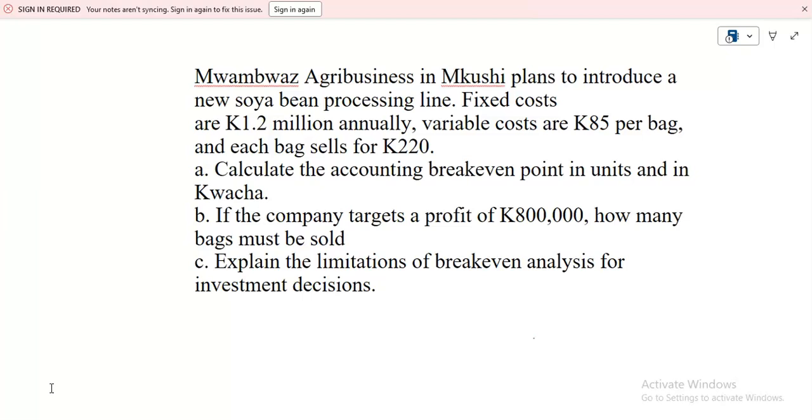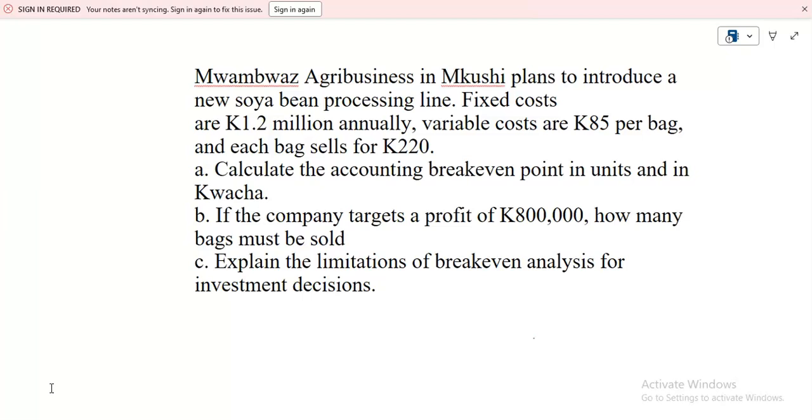Alright, we have a question on the screen relating to break-even analysis and profit targeting. We are going to deal with that, and we'll have some explanations as we go in the solving of the question.